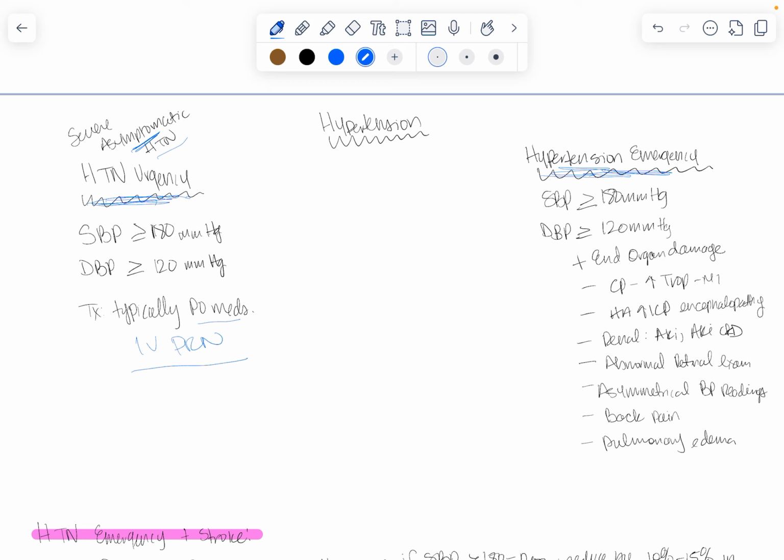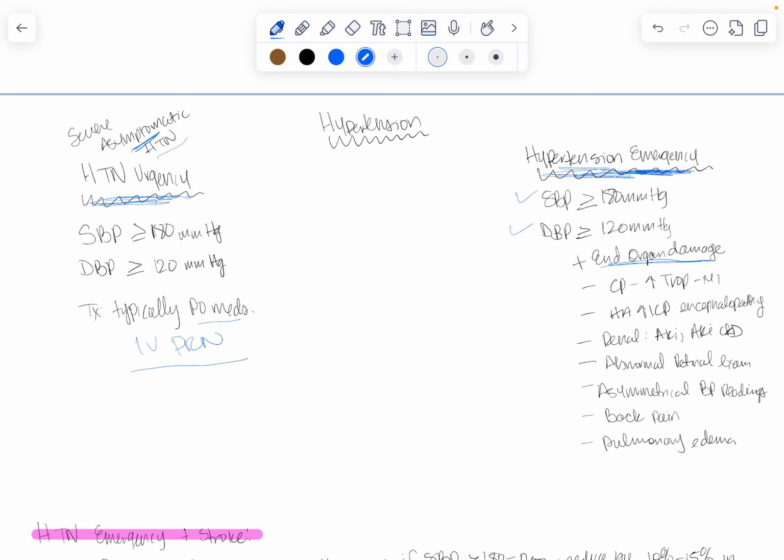The next is the hypertensive emergency. So what does that mean? You still have the same systolic and diastolic blood pressure here, but this also includes end organ damage. End organ damage is multiple things. One is the patient's blood pressure is elevated, plus they have chest pain and elevated troponin. This looks like ACS.